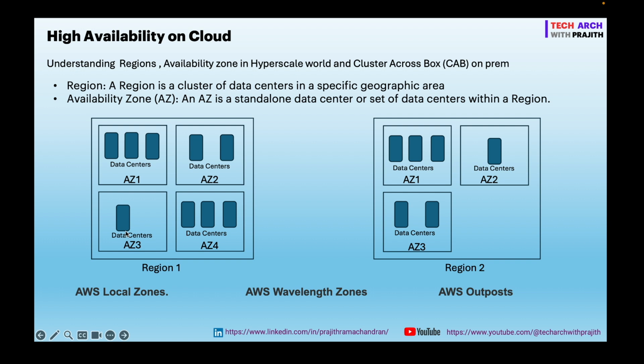So in region 1, I may distribute my worker nodes across multiple availability zones. Those are what I call the enablers for HA and DR, which are the region and availability zone concept in the case of cloud.